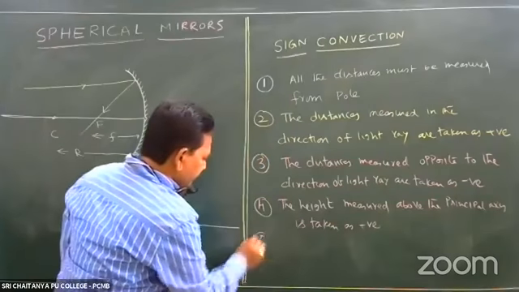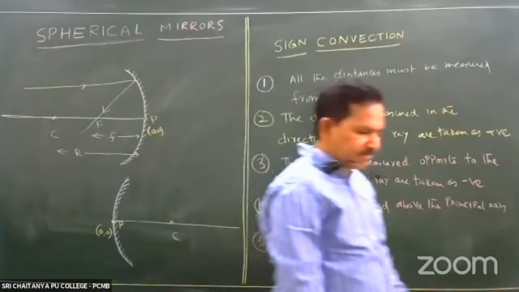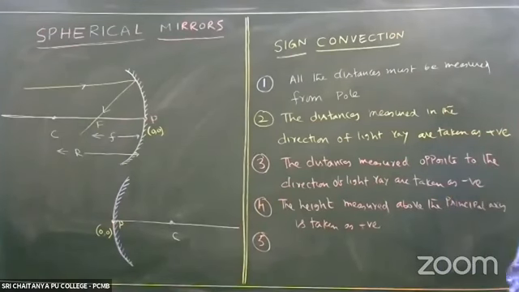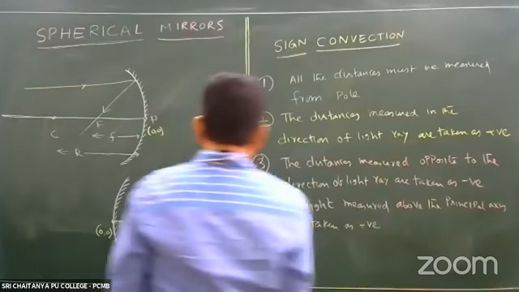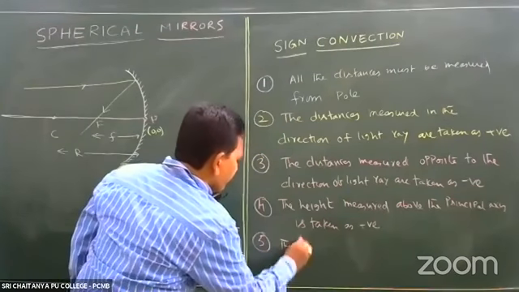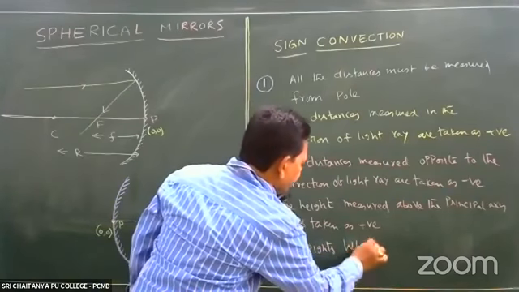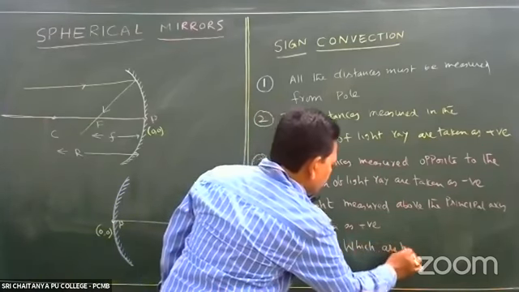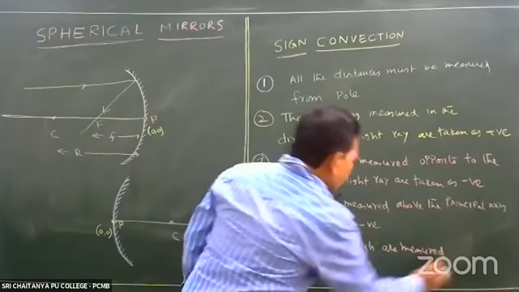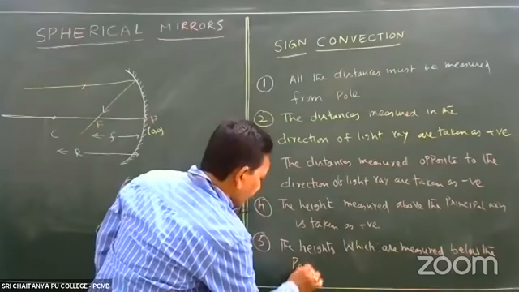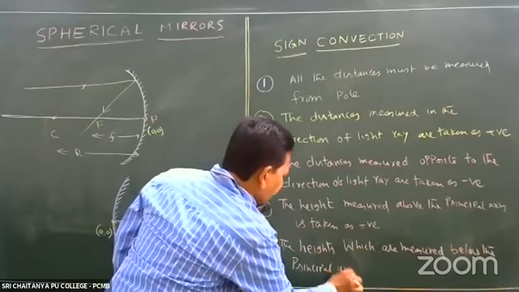Sign convention is important in optics. Instead of taking positive sign, if we take negative, or negative sign instead of positive, the entire problem becomes wrong. Last one, the heights which are measured below the principal axis are taken as negative.